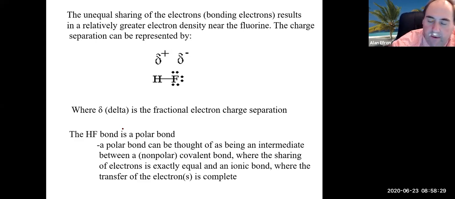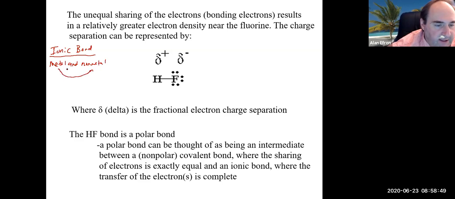So on one end of the extreme, we have an ionic bond. And as we talked about, that is between a metal and a nonmetal, where we have a transfer of electrons from the metal to the nonmetal, creating a cation that's positively charged and an anion that is negatively charged.